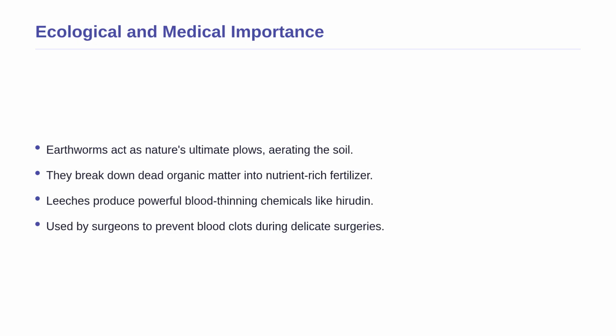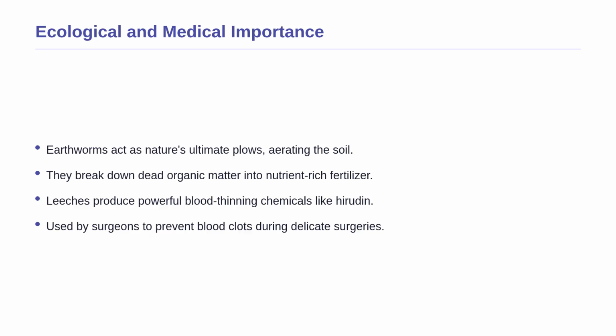Understanding their anatomy naturally leads us to ask why these segmented worms matter to us. They are actually crucial for the survival of our ecosystems and even human medicine. Earthworms, the most famous annelids, are nature's ultimate plows. They constantly tunnel through the earth, aerating the soil and breaking down dead organic matter into nutrient-rich fertilizer.